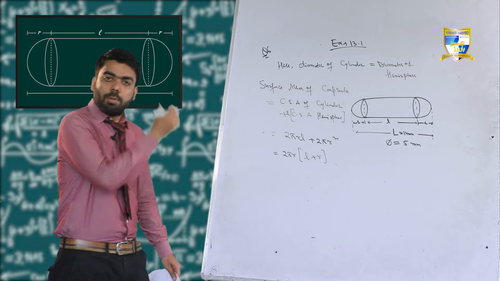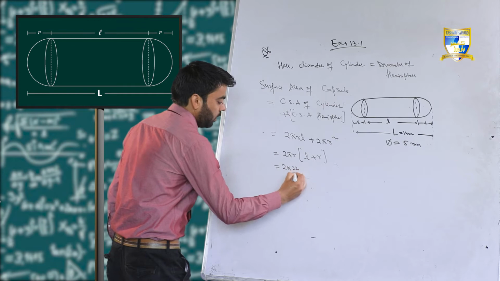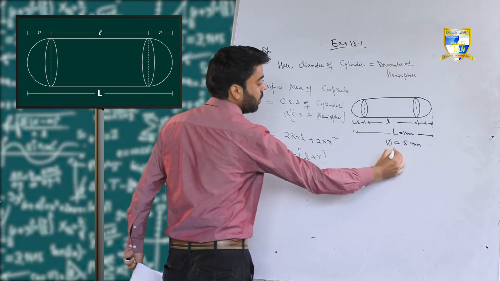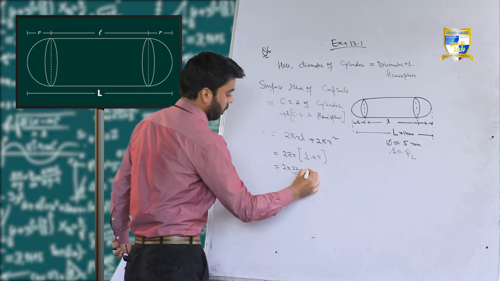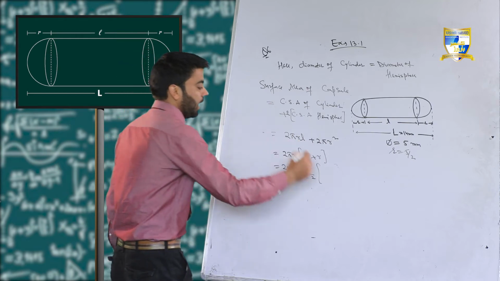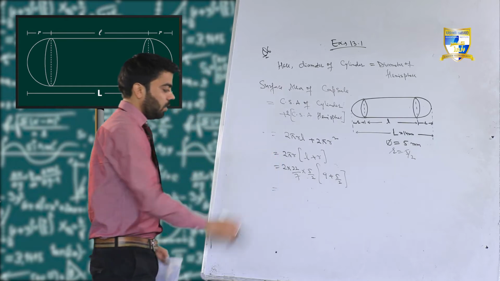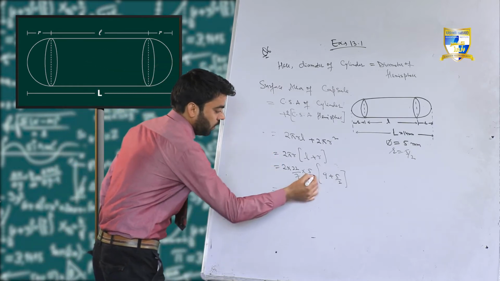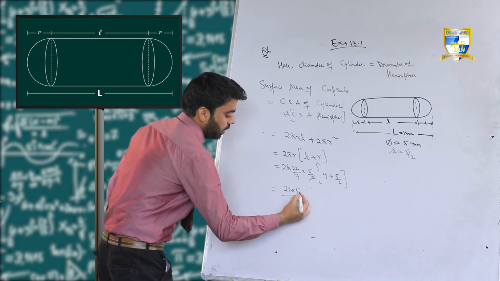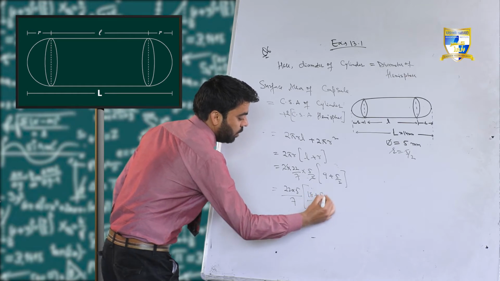Now substitute the values. This is 2 multiplied by 22/7 into r. What is r? r is 5 by 2. And what is l? We got that value, that's 9 plus 5 by 2. So we can solve this. It's 44, and the 2 and 2 will cancel. It's 22 into 5 divided by 7, multiplied by (18 plus 5) whole divided by 2.